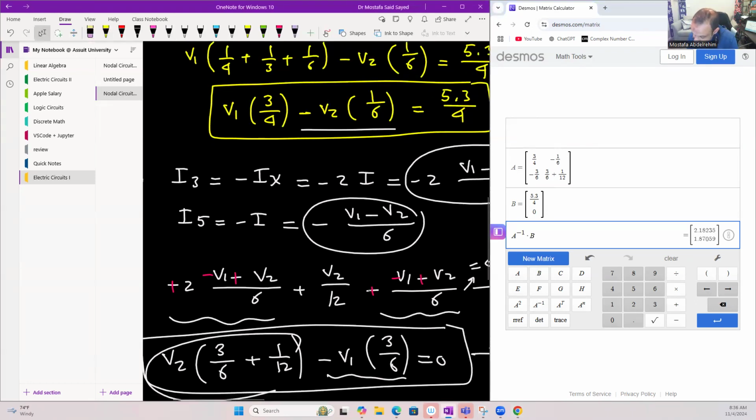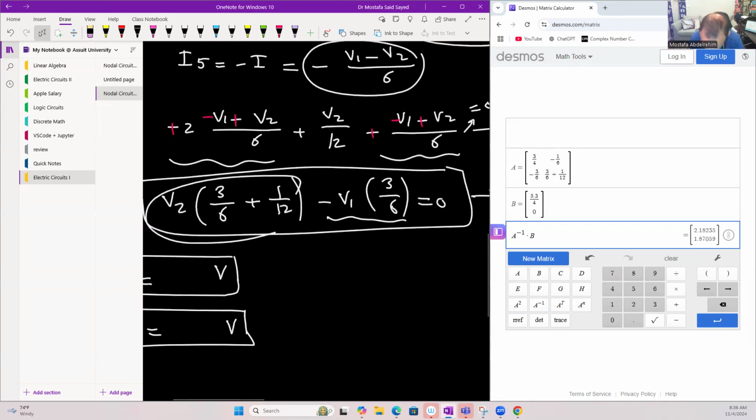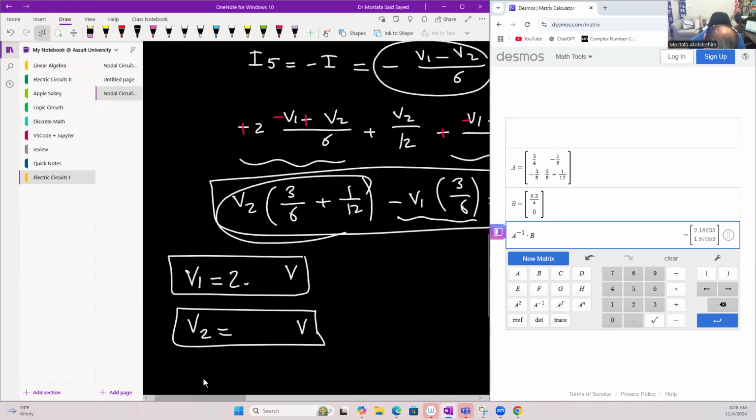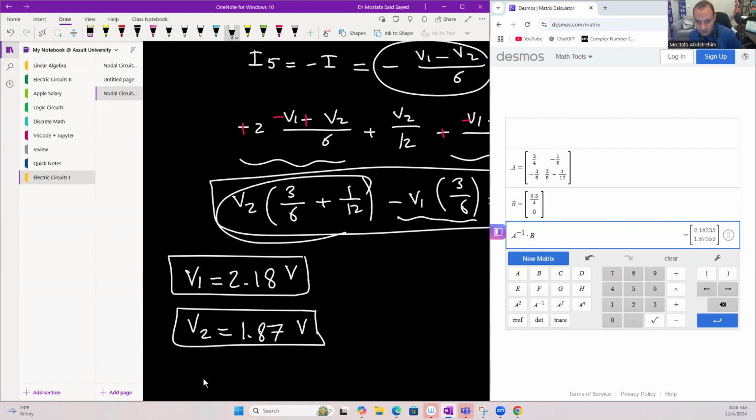So V1 is 2.18 and V2 is 1.87. Two decimal places are okay. That's basically how to use Desmos, and that's the correct solution.